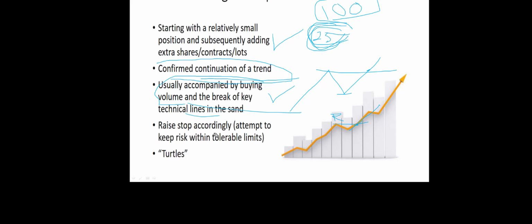Now, they also say you raise your stop loss. Remember, this is very important. So if this is a first A point here, and the market goes up here, makes a B, and it retraces to C, and it breaks it here, where is your stop loss? Your stop loss really should be at the A point here.